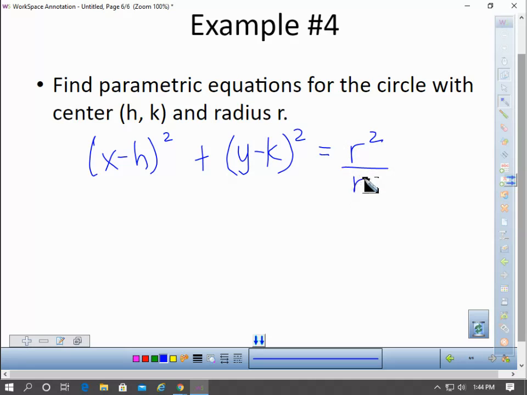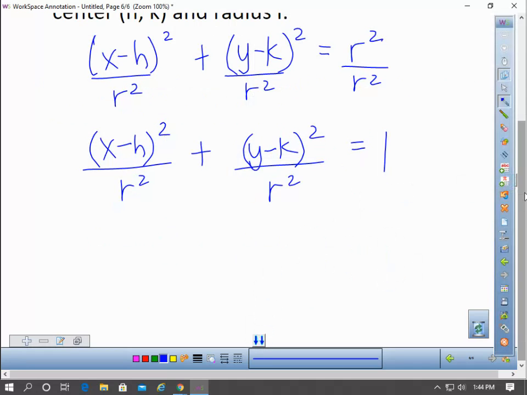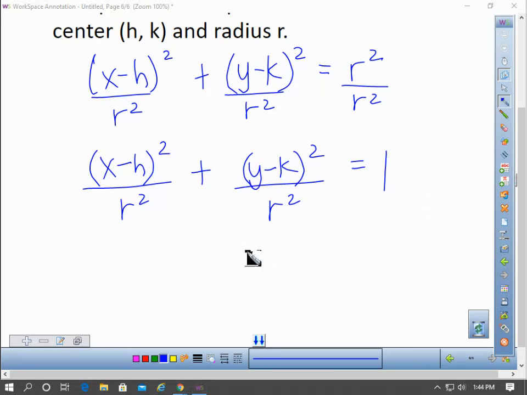So what I would need to do is make this 1 right here. So let's divide everybody by r squared. All right. So then we've got (x minus h) squared over r squared plus (y minus k) squared over r squared equals 1. So now if you connect this to something you already know, this would be your sine squared, because sine's the y coordinate. So sine squared t would be there.